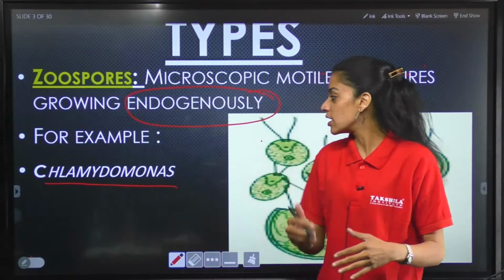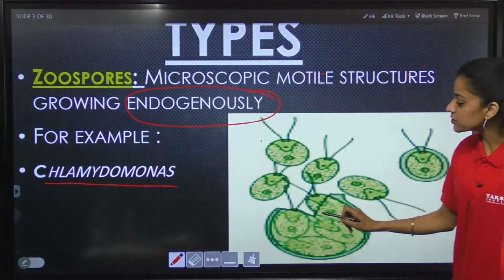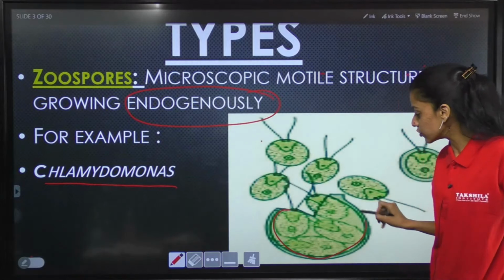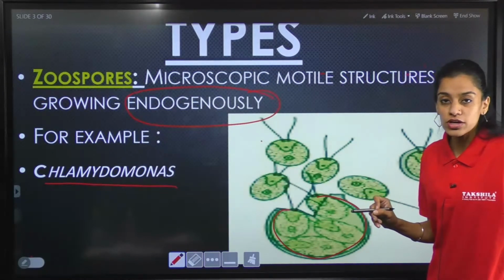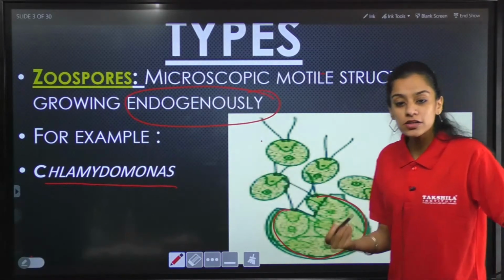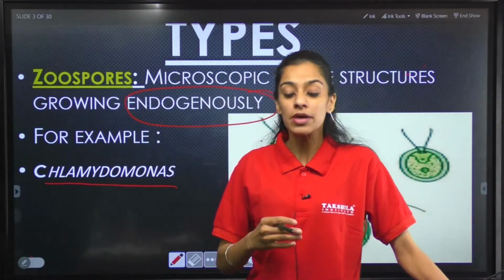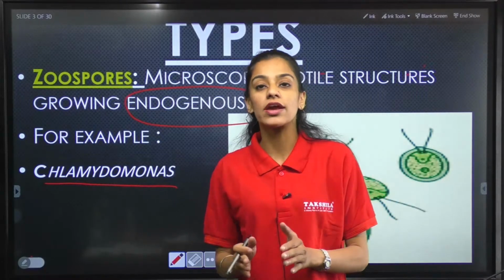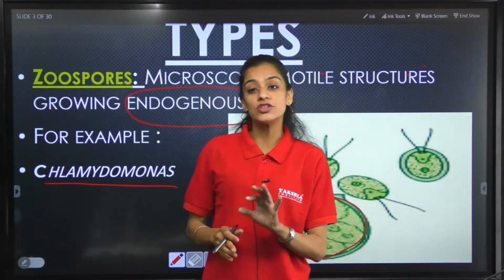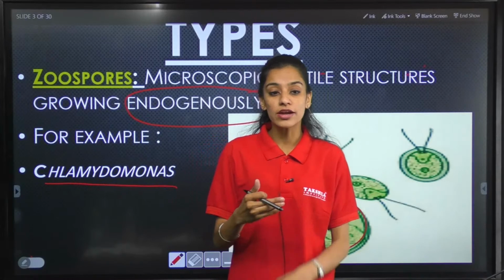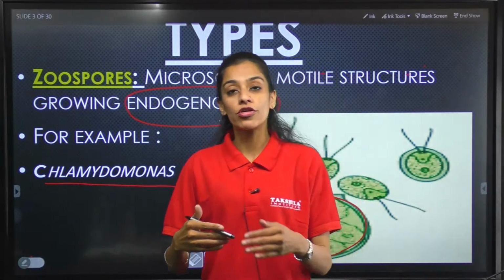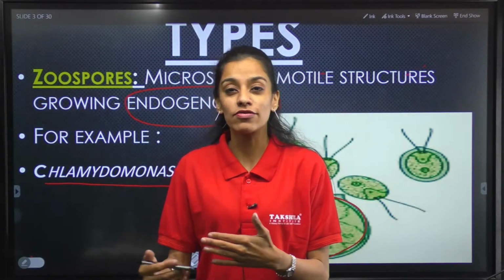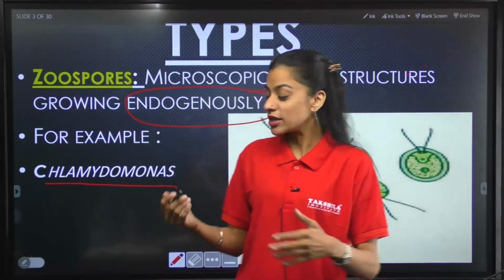Say there is the body of an organism, a Chlamydomonas body, in which under favorable conditions some spores develop inside the body of the organism only, which are flagellated, so that they can be used for movement, traveling and locomotion.